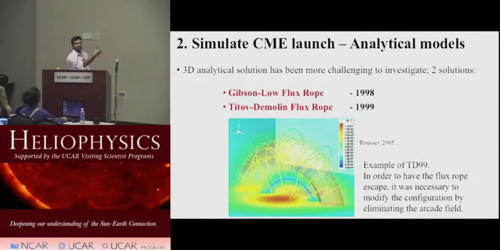And so the arcade field is what I was saying, which is an arcade that goes over this polarity inversion line. But it's effectively field line that's above this CME that's trapping it and holding it down. And so in order to get this CME to erupt, he had to remove this field that's overlying it so that it would actually erupt.